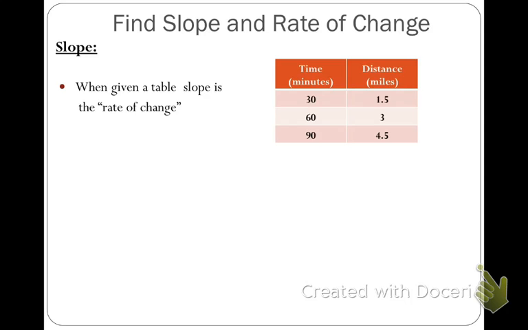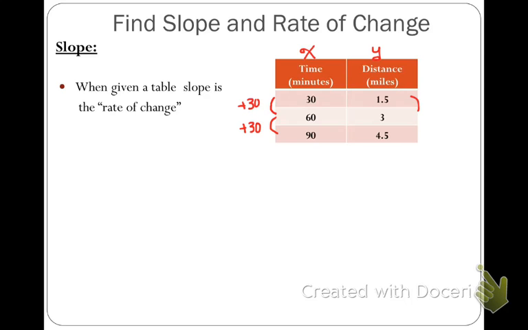So if we look at this particular table, and I want you to find our rate of change, you might remember from back when we were talking about linear functions that you look at the change in x and the change in y. Well, this is going up by 30, and this is going up by 30.